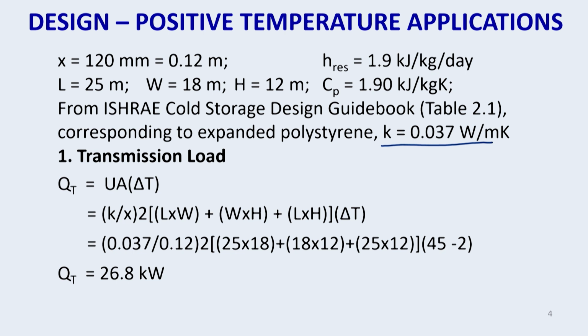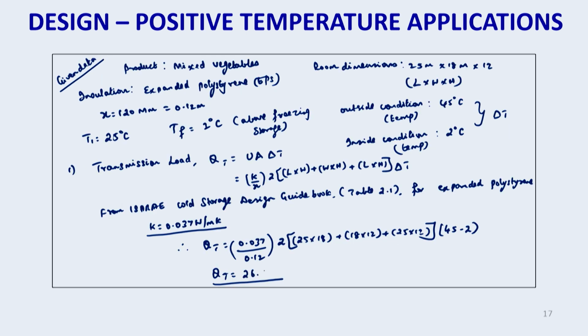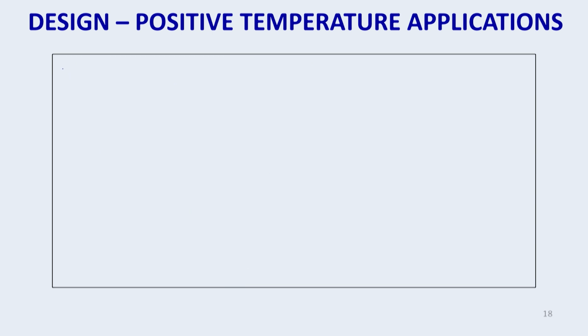But at the same time, I am writing while explaining, solving the numerical question step by step. So the transmission load comes to 26.8 kilowatt. Now let us go to the next load, product load.